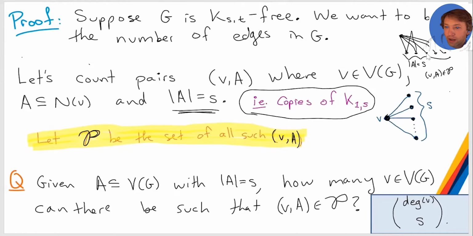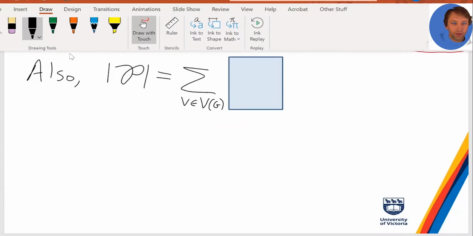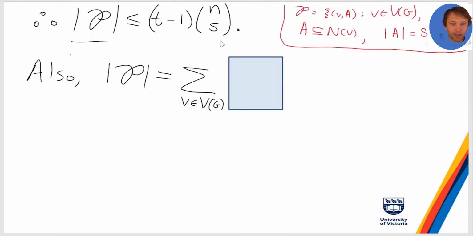But if I found T of them, I'd have a problem because that makes a K_{S,T}. Is that clear? So for every subset, there's at most T minus 1 vertices v such that (v, A) is in P. So this tells me that the size of P is at most T minus 1 times the number of sets of size S.